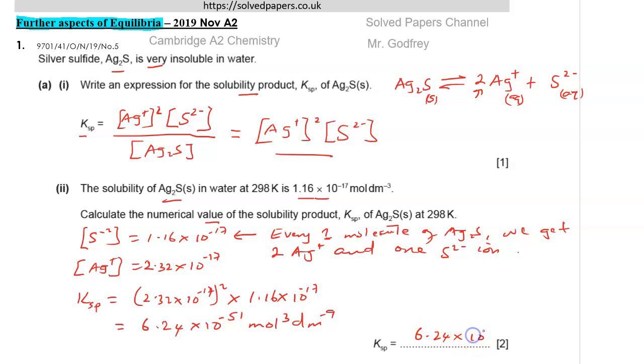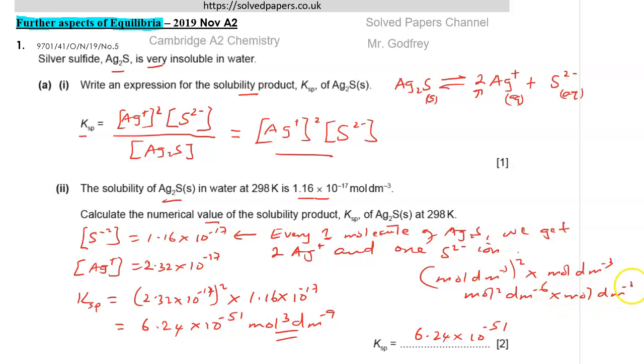times 10 to the minus 51. How do we get to these units? So basically it is moles per dm cubed squared times moles per dm cubed. Of course, this would give us moles squared per dm cubed raised to power 6 times moles per dm cubed.